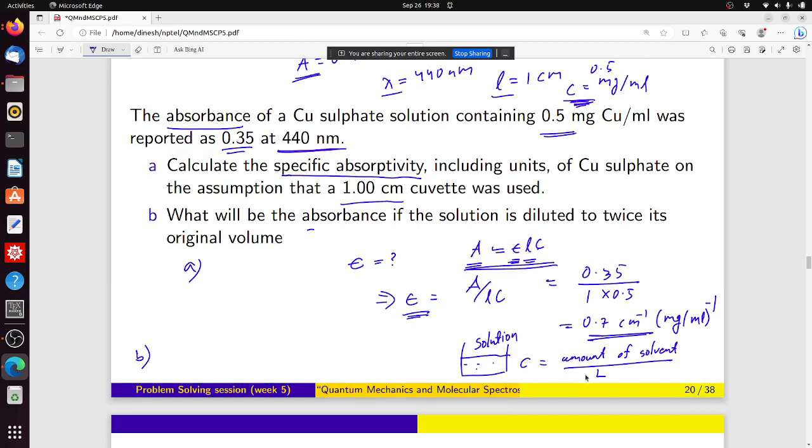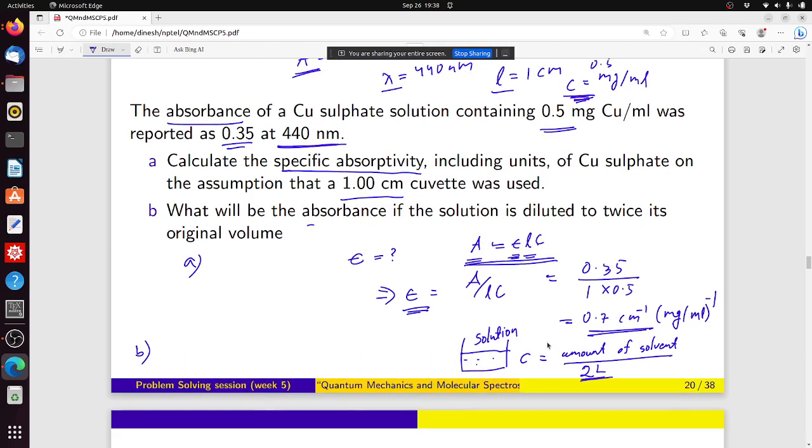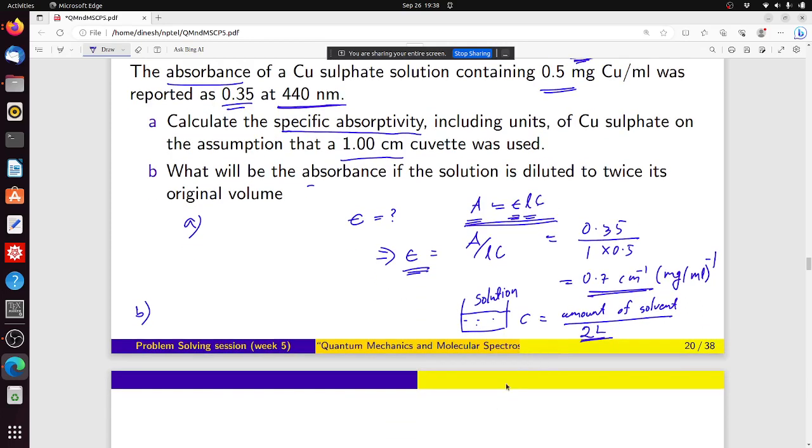Okay, so we are diluting this solution. That means we are increasing the amount of, let's say, water. We are making it double. So what will happen? We are diluting it twice. That means we are adding twice the amount of water whatever we had initially.